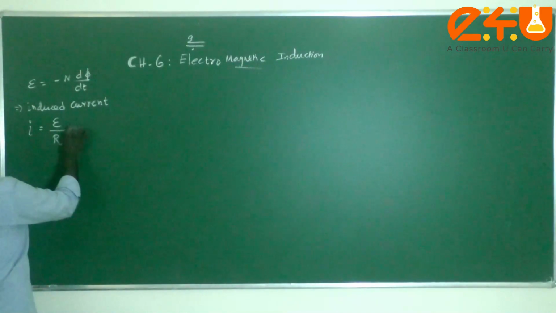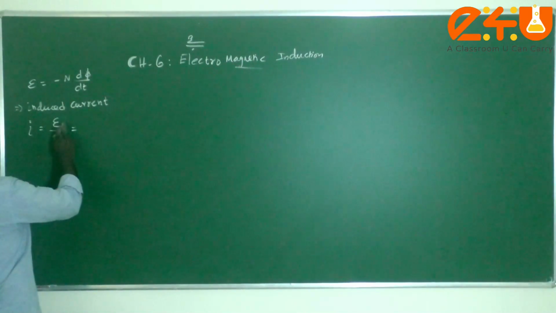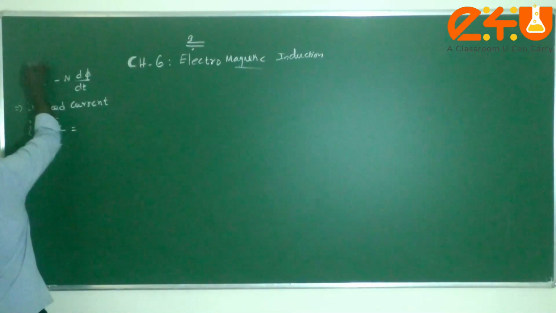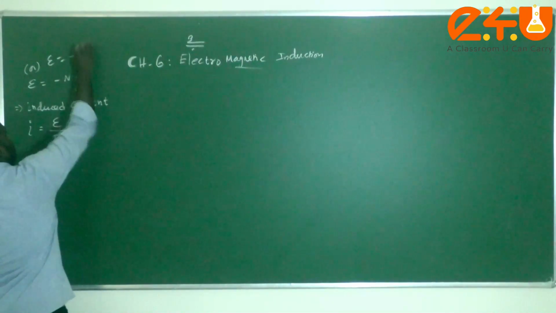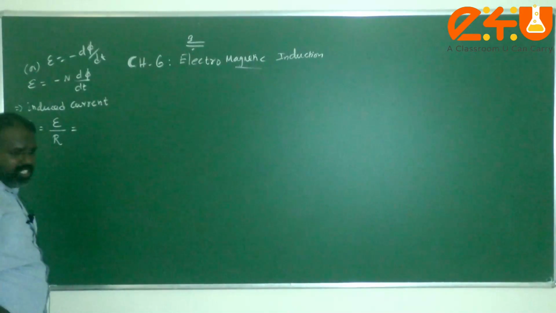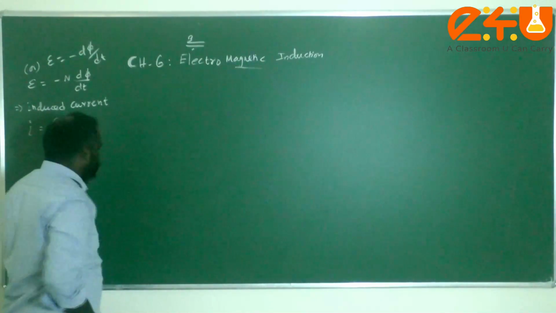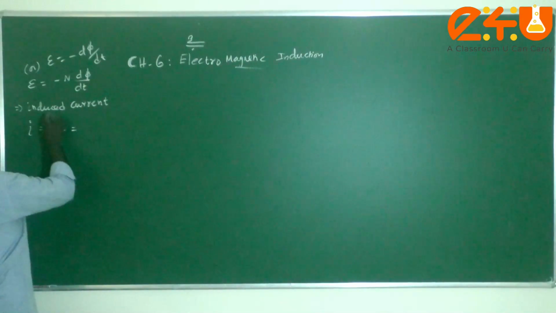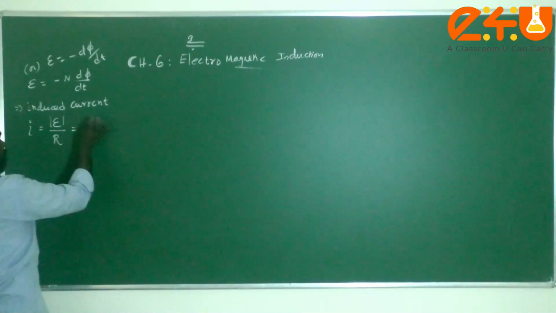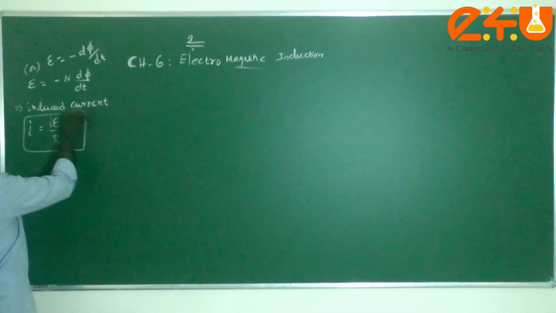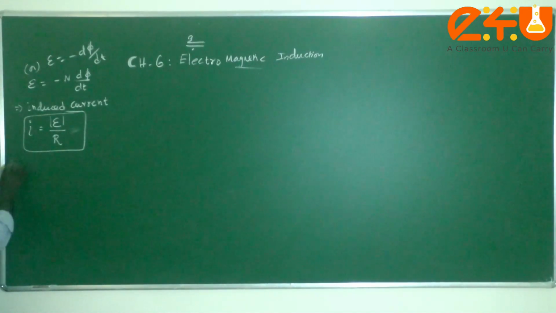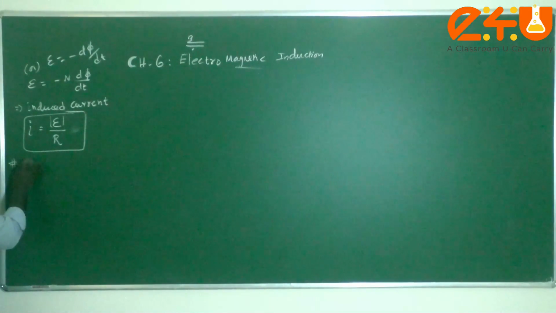For a single turn, E is equal to minus dΦ by dt, or I can use the magnitude alone, then there is no negative sign here. Therefore, I can write this as the expression for induced current.